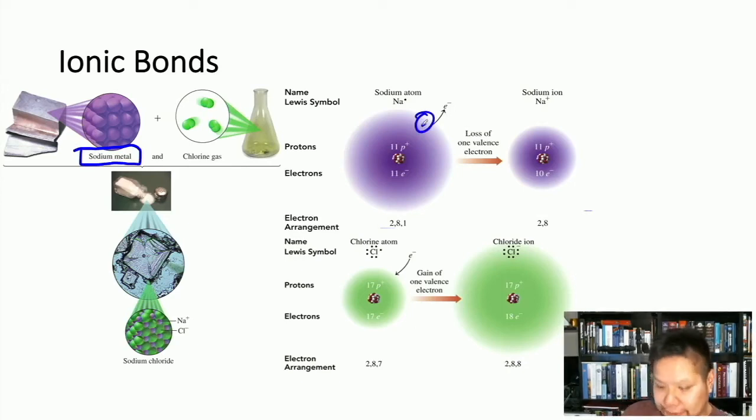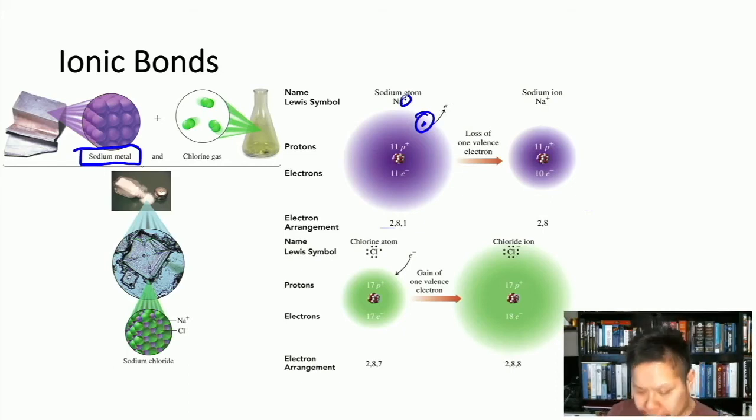Even though that sodium metal is neutral right now, it has an extra electron just sitting there. The important thing to remember is that even though it's important for an atom to be neutral, it's actually more important for the atom to have 8 electrons in its outer shell, or a full outer shell.